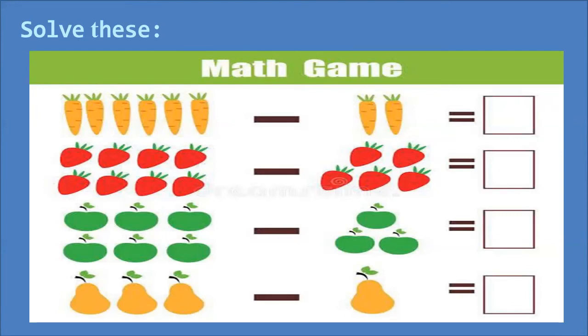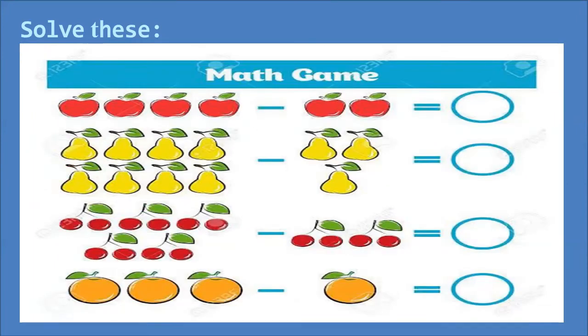If you eat 5 strawberries, then how many strawberries are left over? Tell me. Yes, there are 3 strawberries left over. Oh wow, you do it. Okay, these are the examples. You have to solve it by yourself. Hope you all will do well.